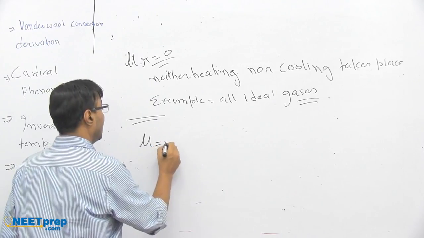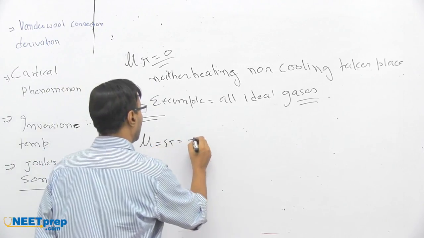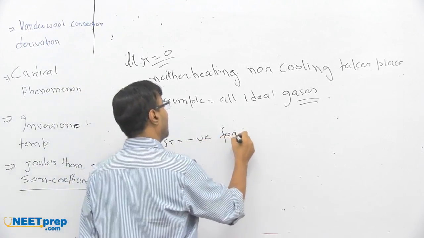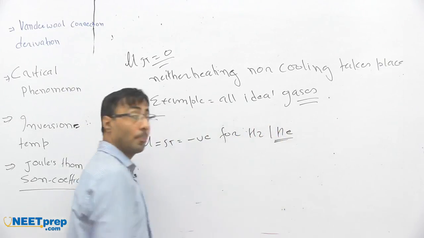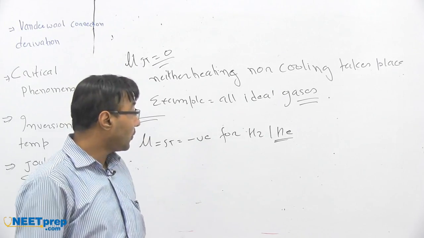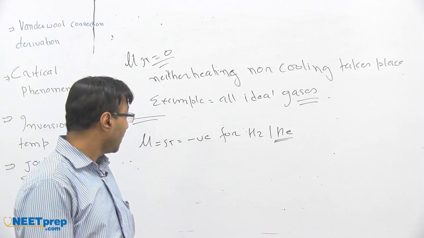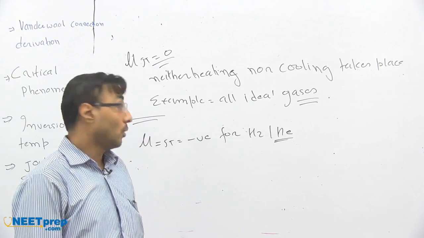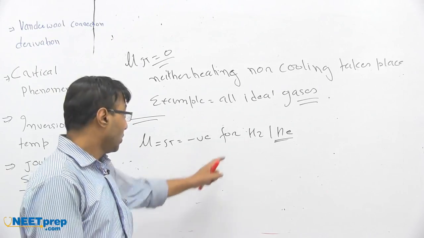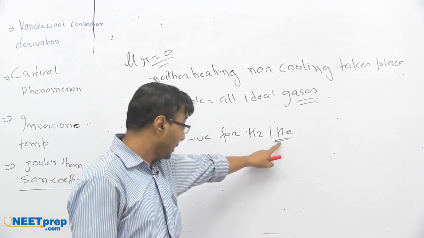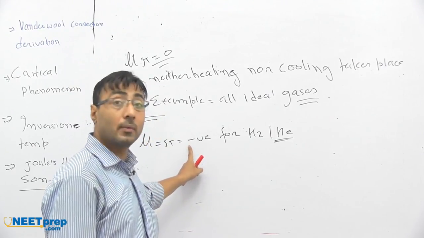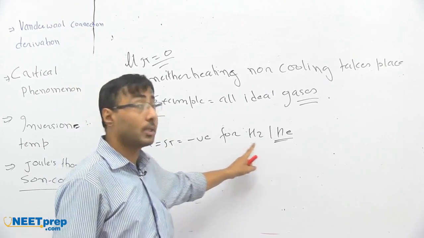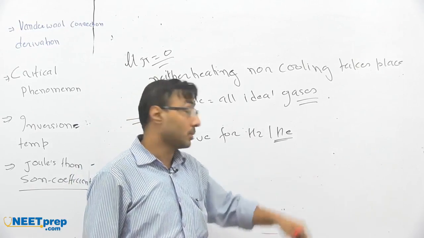Mu JT is negative for hydrogen and helium. They ask this question: they will put the value of hydrogen and helium in a negative format and ask what is the value of mu JT. So if hydrogen and helium is given, mu JT is negative. If negative mu JT is given, hydrogen and helium is the example.